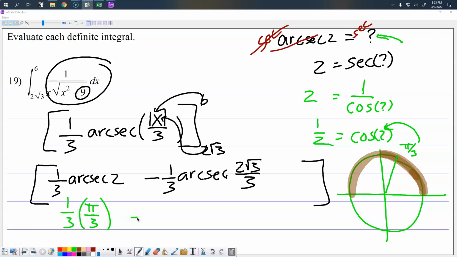Minus, we get to repeat that here. Now I've got to figure out what is arc secant of 2 radical 3 over 3.